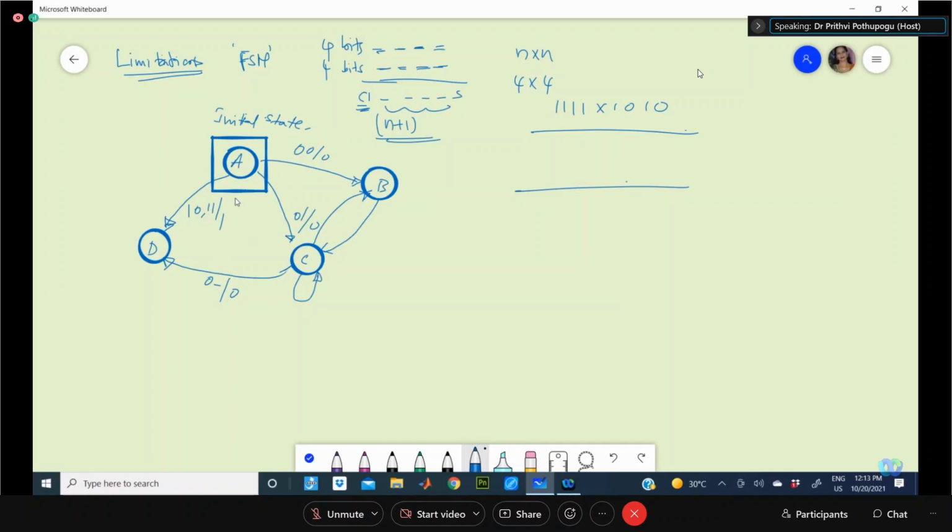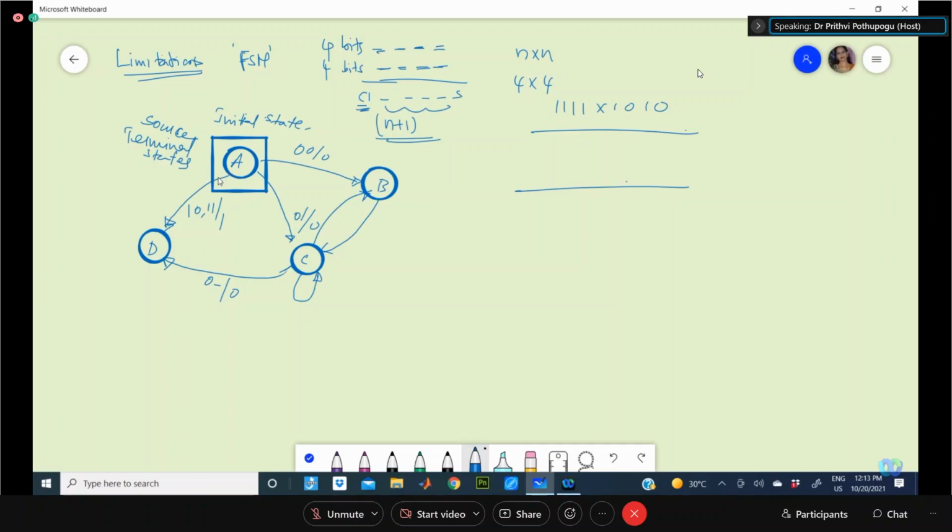Such states are called terminal states, and if they cannot be reached back once we leave them, we call it a source terminal state.